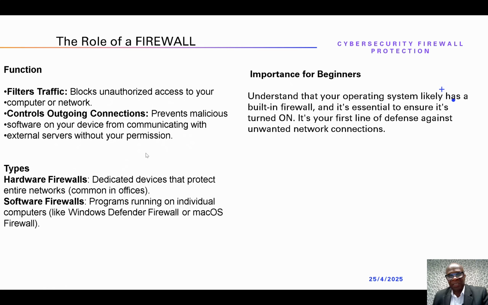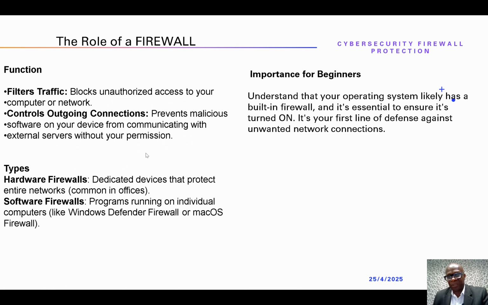Now, it is important as a beginner cybersecurity trainee to understand that your operating system likely has a built-in firewall already, and I will show you the firewall on this system, which is the basic one. But I have another firewall which I installed, a commercially obtained one for corporate purposes, and it's essential to ensure that it's turned on.